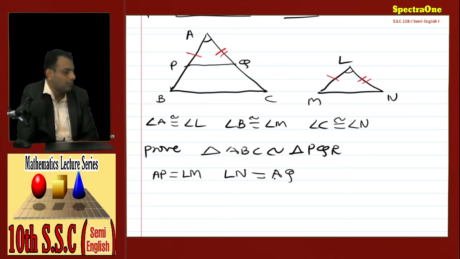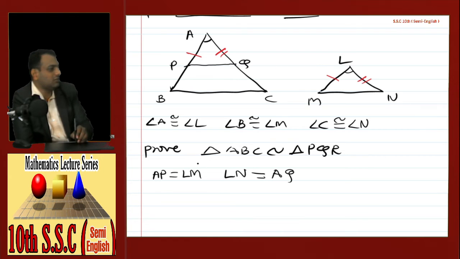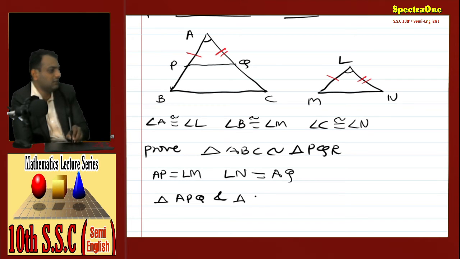Now in these triangles, triangle APQ and triangle LMN are equal triangles.